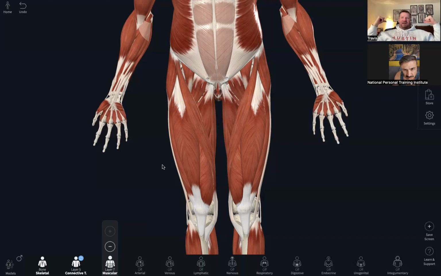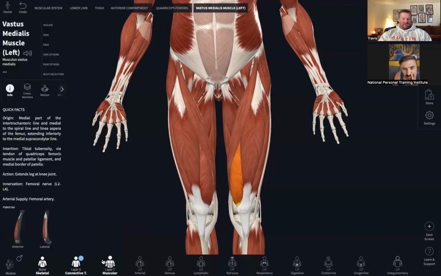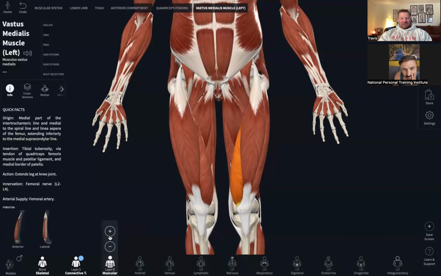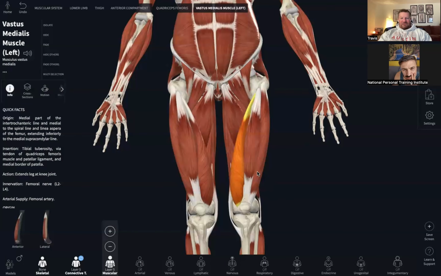If we have the weight on our back, that's going to fold you forward a little bit more. That's going to be more glutes. If we have it centered on the front, then we're going to get a lot more quadriceps. So the agonist is your quadriceps, and let's get all of those muscles.